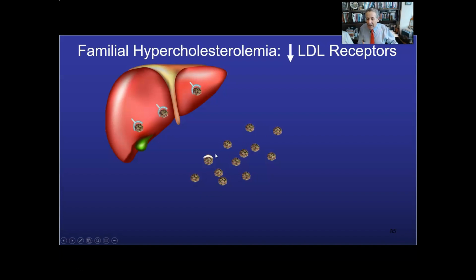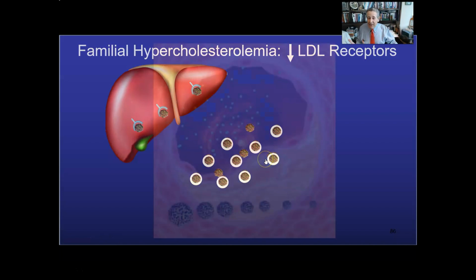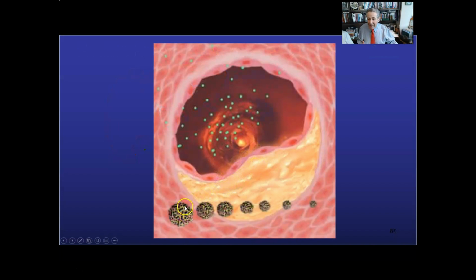So what happened? They became oxidized, just like the small LDL, because they were hanging around in the bloodstream longer. And if they were hanging around longer, that means even the large LDL were getting oxidized. So instead of bouncing off, they stuck to the endothelium and ended up, again, building up plaque.